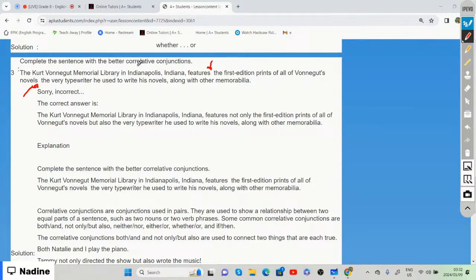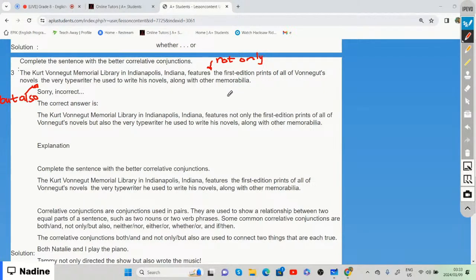So we can say, features not only the first edition prints of all the Vonnegut's novels, but also the very typewriter he used to write his novels, along with other memorabilia.